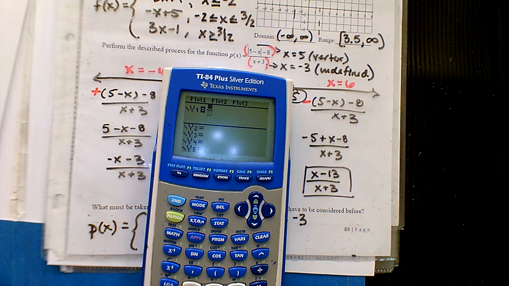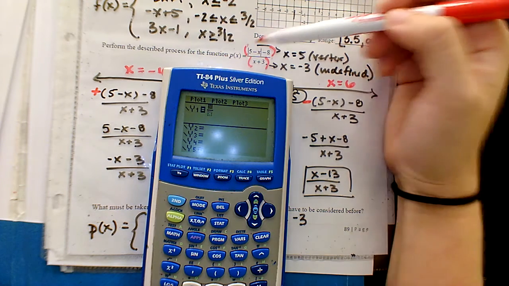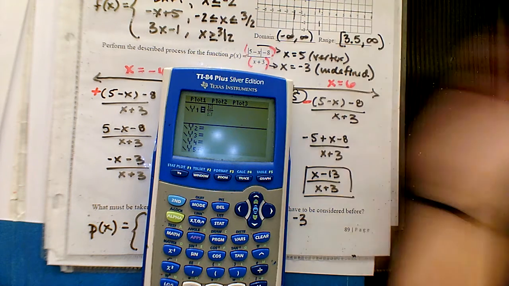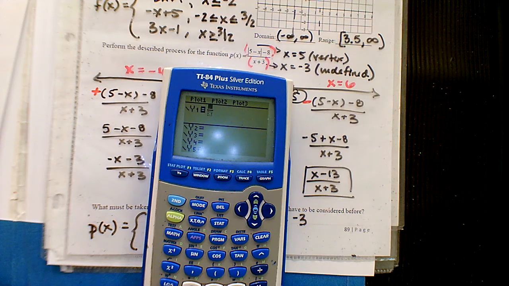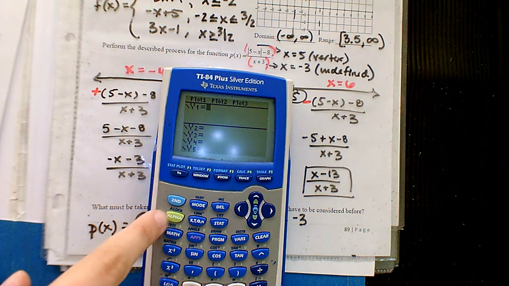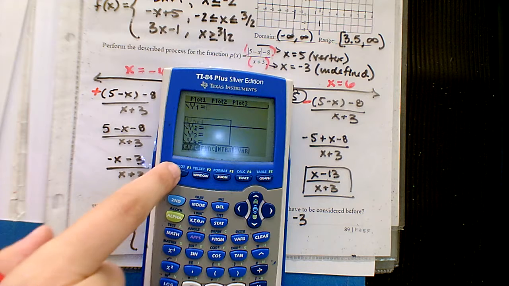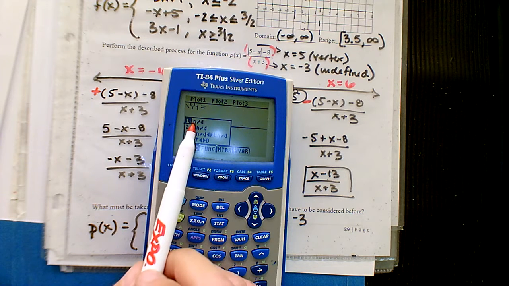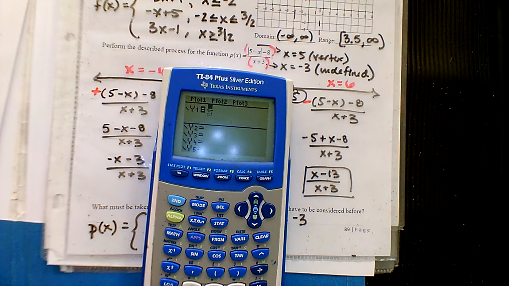This command wasn't available when I was in high school. It's a different operating system, so this is how I had to do it back then. But if you are familiar with that, can you repeat that process for us again? Alpha y equals, enter. So it's numerator over denominator, and you'll get that.